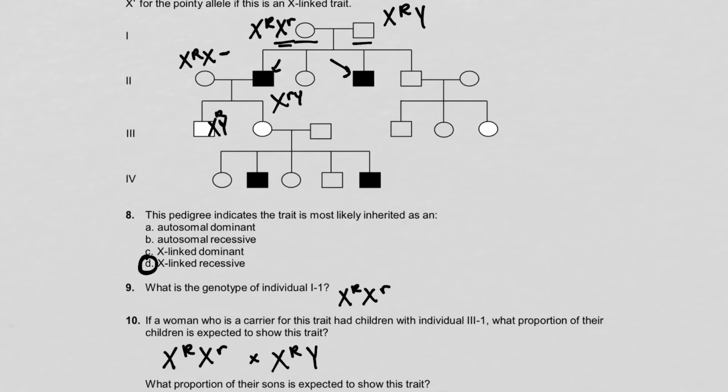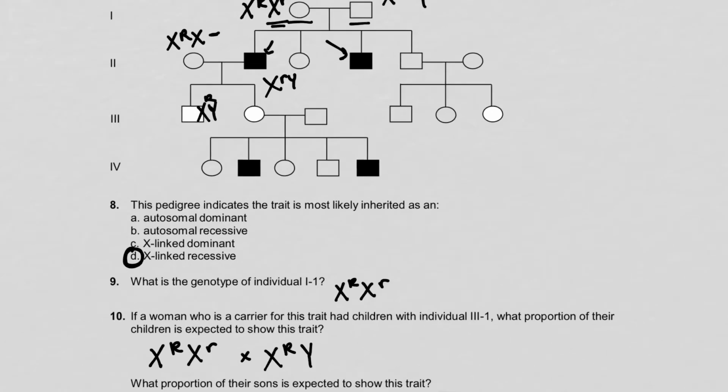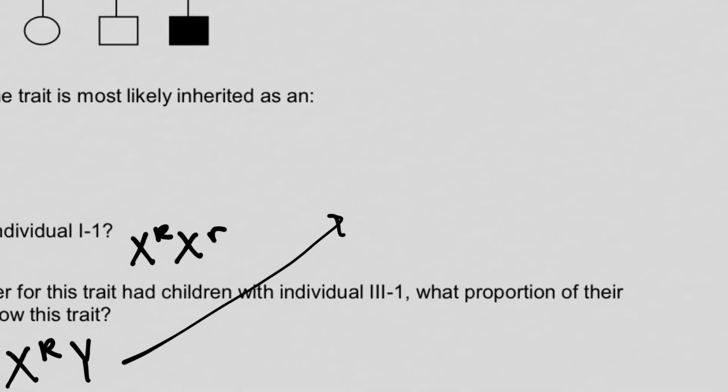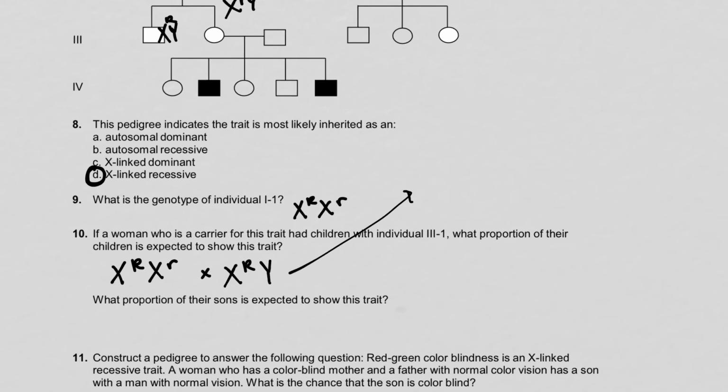All right, so what proportion of their children? It doesn't ask male or female, just generally speaking, what proportion of their children? Well, let's do a Punnett square. I've got more space up here, so I'm going to do it over here to remember what my genotypes are.